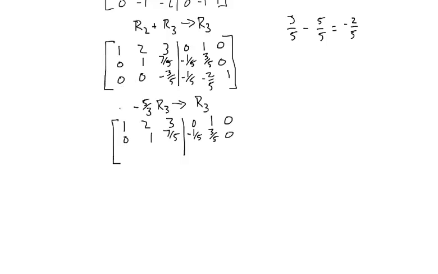And now row 3, we have 2 zeros, so both of those when multiplied would still be 0. Negative 5/3 times negative 3/5 gives me 1. And now we have negative 1/5 times negative 5/3. The negatives are going to cancel to give me a positive, and the 5s are going to cancel. So I'm left with 1/3.